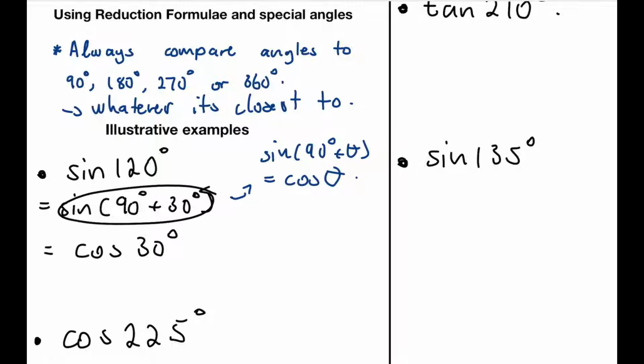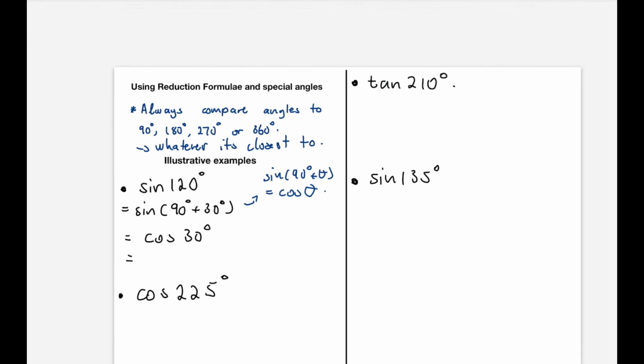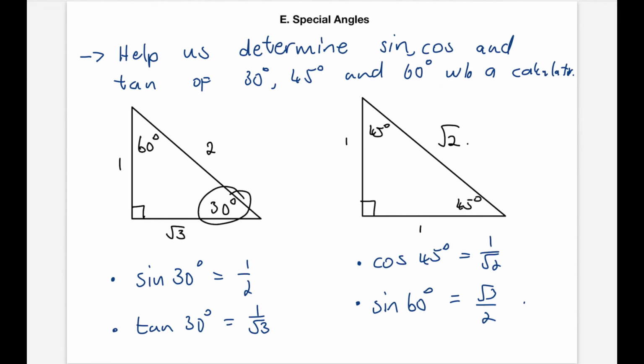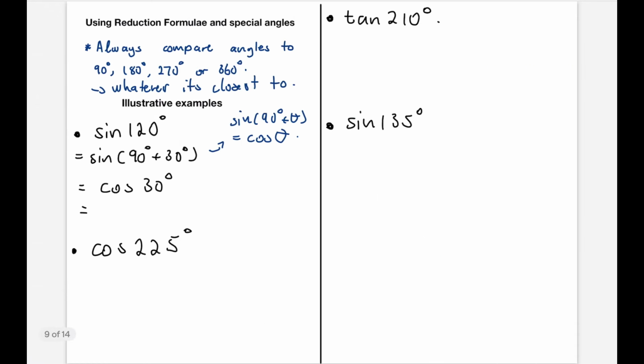The only difference between this and that is that theta has now become an actual number, 30 degrees. Now, from my special angles, I know that the cos of 30 would be adjacent over hypotenuse, so the answer to this is actually root 3 over 2. And that is how we use special angles and reduction formula to reduce big angles that we're not used to.